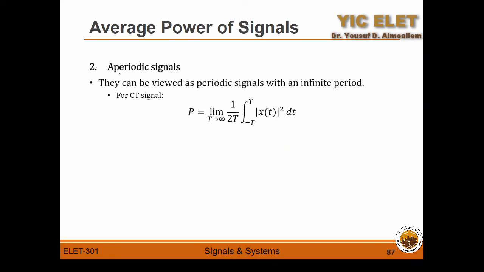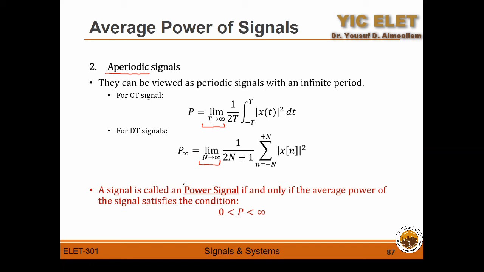For aperiodic signals, sometimes we can calculate the average power even though the energy reaches infinity. So we can use a similar approach for continuous time, but just letting T approach infinity. And similarly, we can do it for discrete time signals, letting n approach infinity.